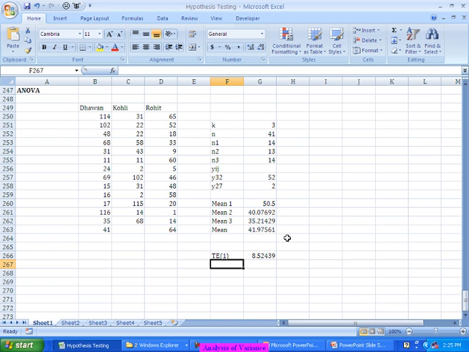So TE1 in our case comes out to positive 8.5. TE2 is the individual mean minus the overall mean, which is minus 1.89, and TE3 works out to 35.21 minus 41.97, working out to minus 6.76.